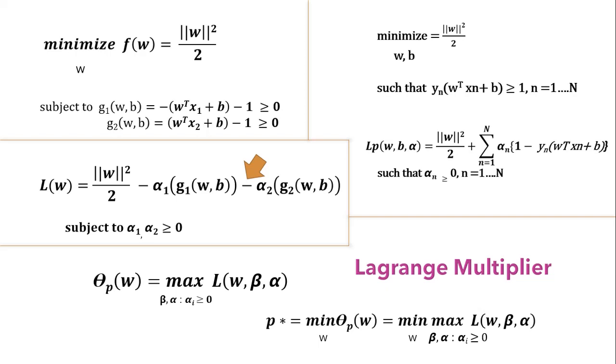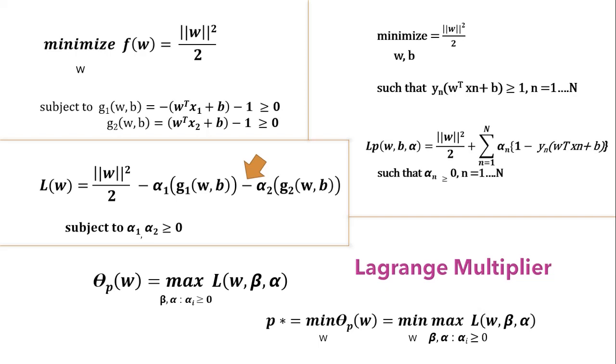So according to the primal Lagrange, first we have to maximize over the alpha and beta terms, that is nothing but finding the derivative of the function with respect to alpha and beta, and then we will minimize over the w term in the equation, that is deriving the function with respect to w.